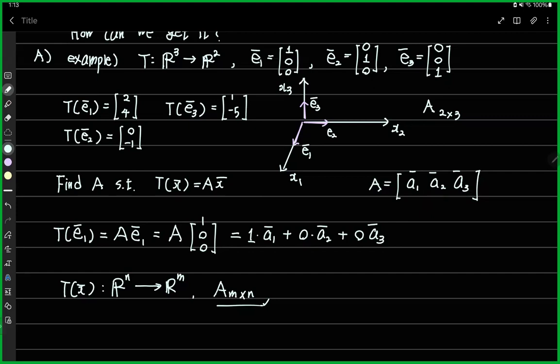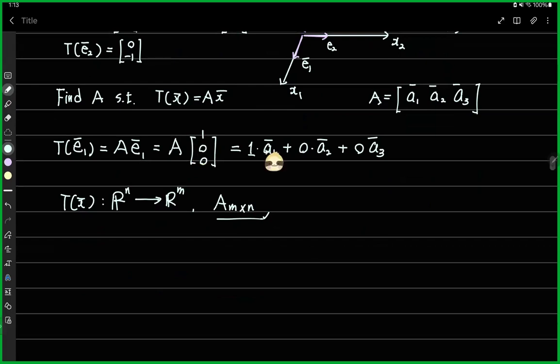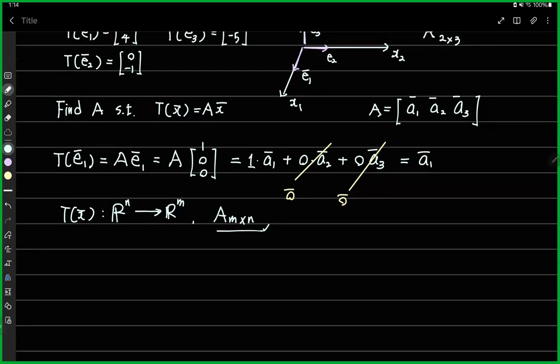So this is going to be 1 times A1 plus 0 times A2 plus 0 times A3. Now you see 0 times A2 is gone because it's the zero vector, and 0 times A3 is the zero vector too. This is equal to A1. But we know T of E1 is (2, 4).